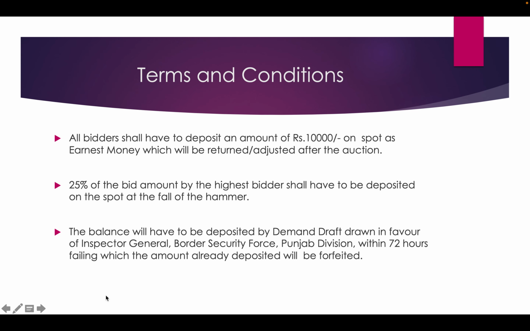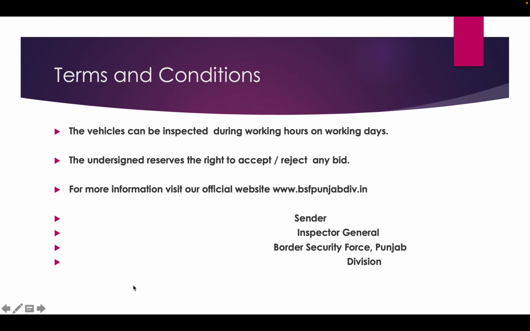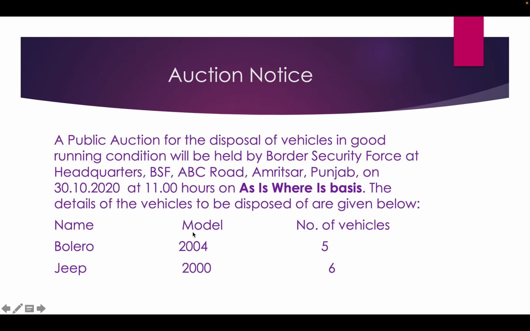You write this way only, right? Then at 1100 hours on as is where is basis. Now what is as is where is basis? This phrase is extremely important for all the persons who wish to write an auction notice.